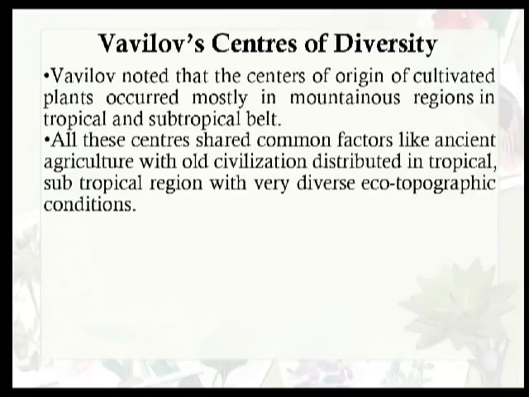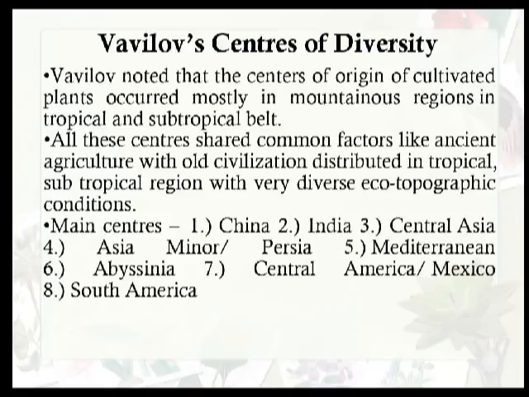Another common factor was ancient agriculture and old civilization, with very diverse ecological and topographic conditions, which is of course because in these areas you find a great diversity of temperature, climatic factors and topography, which will give rise to more diversity of plants.